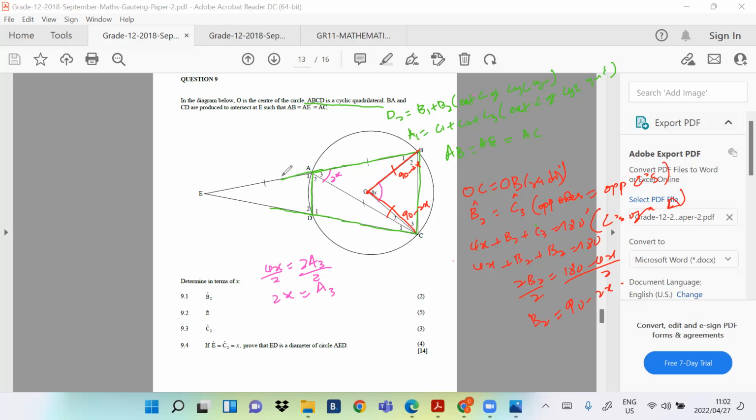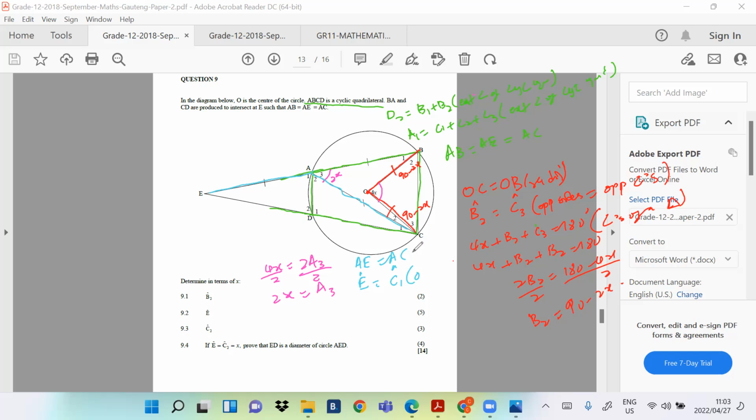Let's see what else. See, they gave us this. Can you see this line? It's equal to this one. So they gave us that AE is AC. Therefore, angle E will be equal to angle C1.